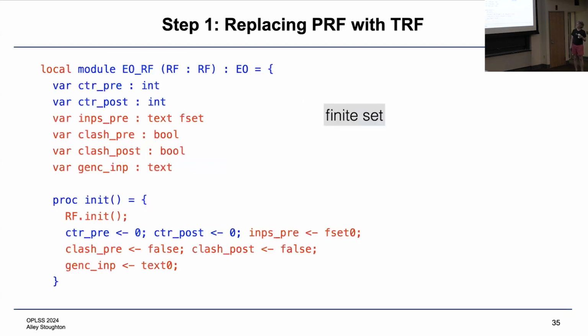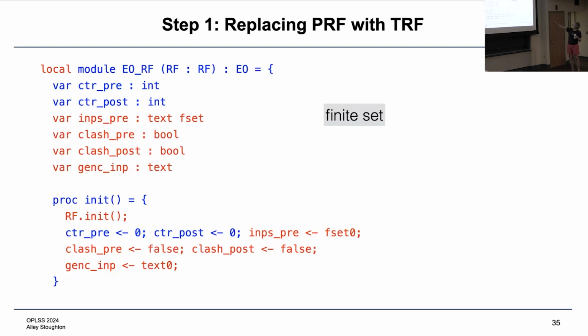So this is what it looks like. The encryption oracle, remember, originally was based on an encryption scheme, the standard one. This one is parameterized by some random function, PRF, TRF, or something else, conceivably. Inside, we have the old things like the counters, but we also have all these things in red, and let me explain them as I go along.